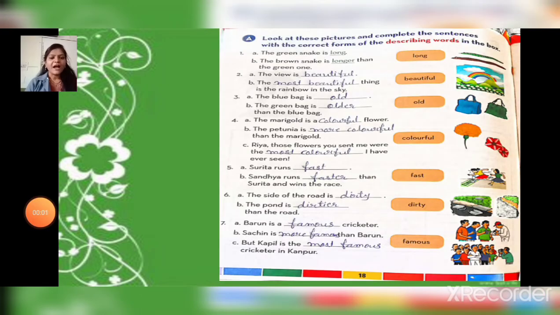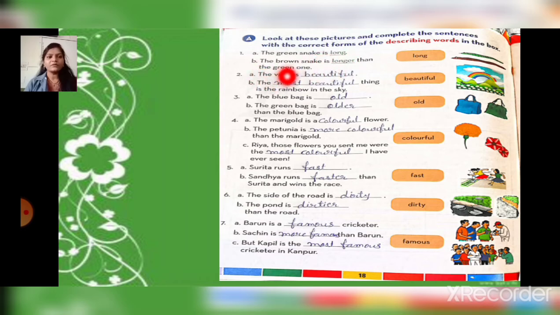Now children, after understanding the concept of more and most, let's learn this exercise from our textbook. So exercise A, look at these pictures and complete the sentences with the correct forms of the describing words in the box. So number 1, the green snake is long.